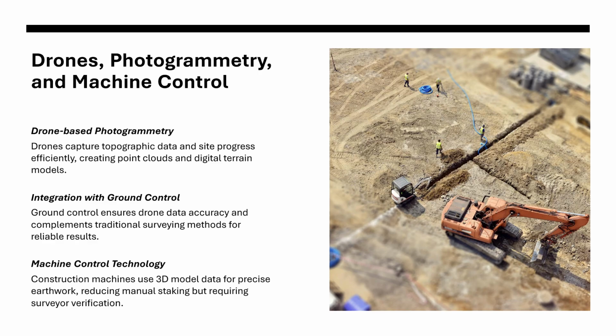And while this technology reduces field staking requirements, it does not eliminate the surveyor's role. The surveyors must ensure that the models uploaded into these machines are correct, tied to proper control, and verified against benchmarks. Any error here can translate directly into earthwork mistakes on a massive scale.